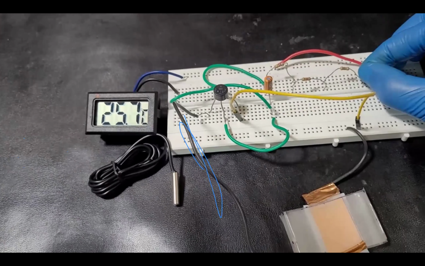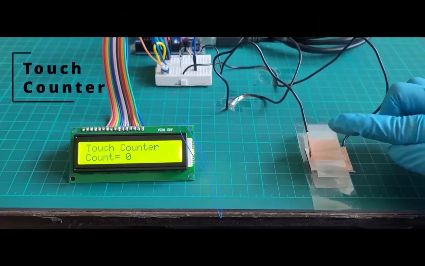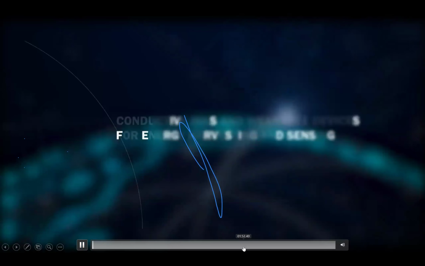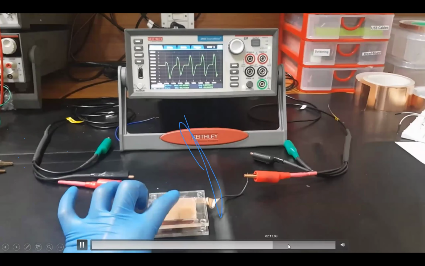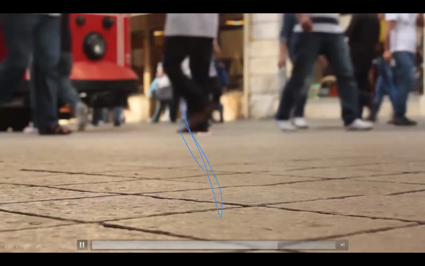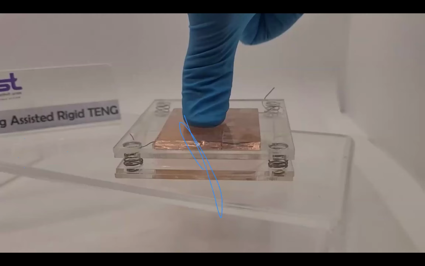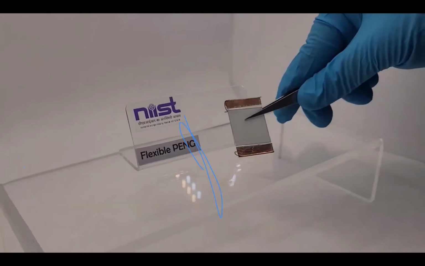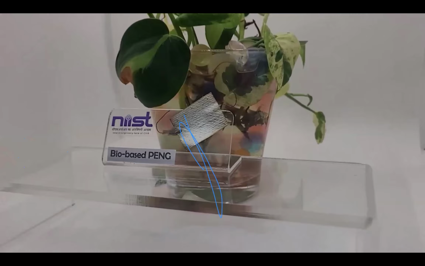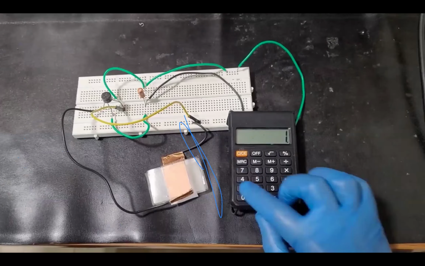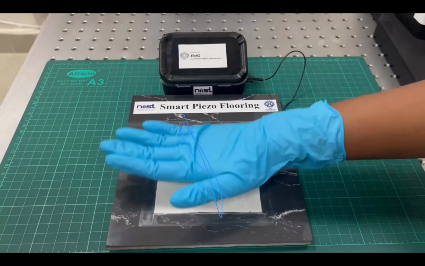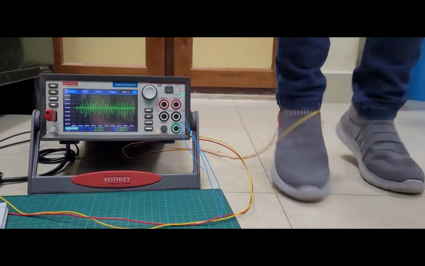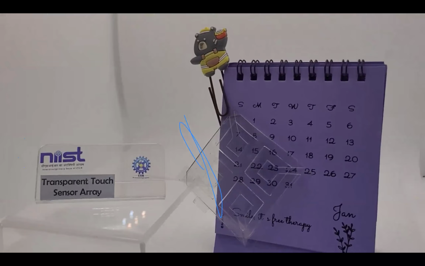In addition to that, self-powered pressure, vibration, tactile, and navigation sensors are all being developed at NIIST with excellent sensitivity and transparency.